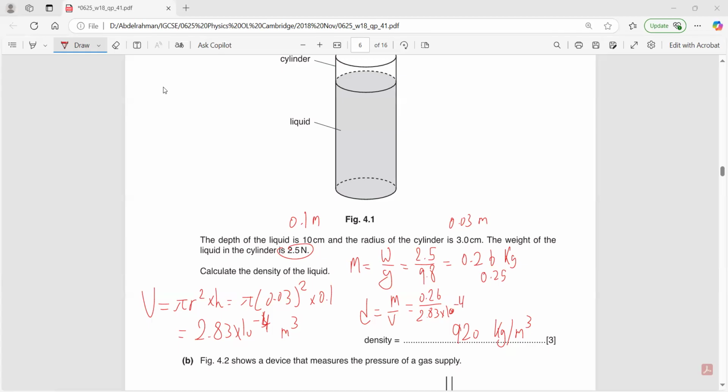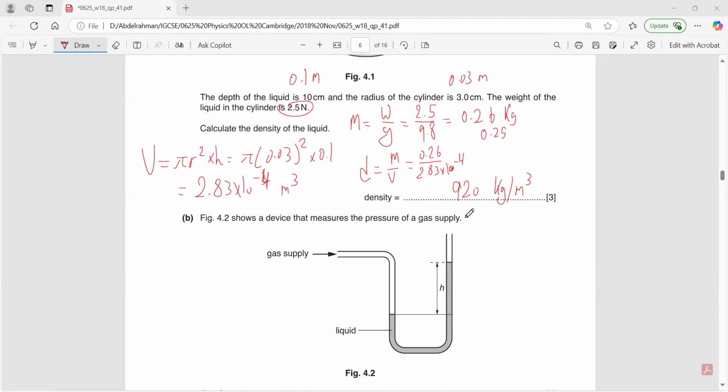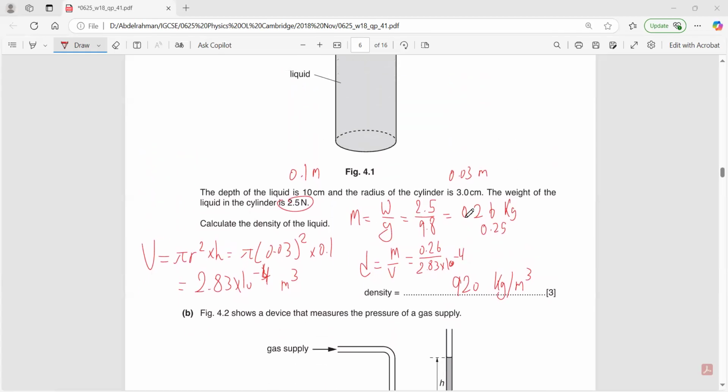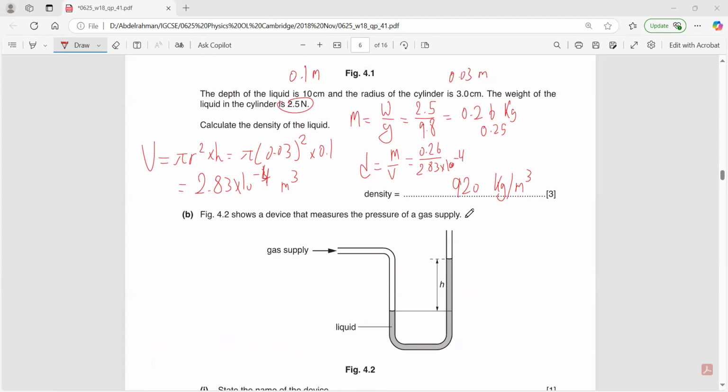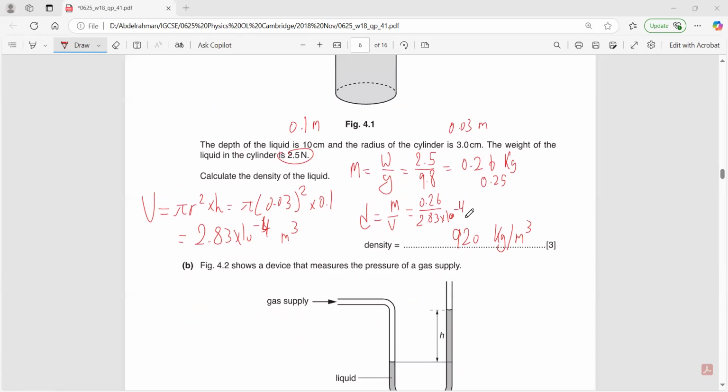So 920 would be okay, 902 would be okay. It doesn't actually matter that much in this question, because you have very small numbers and a lot of approximations.